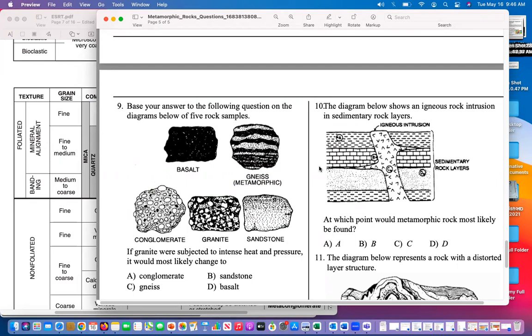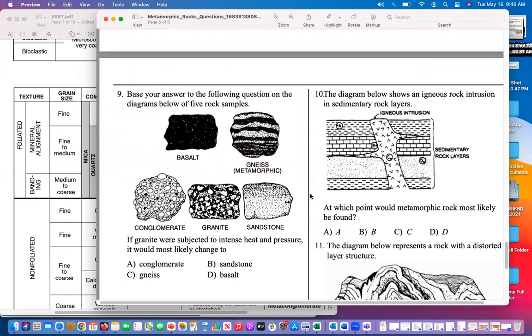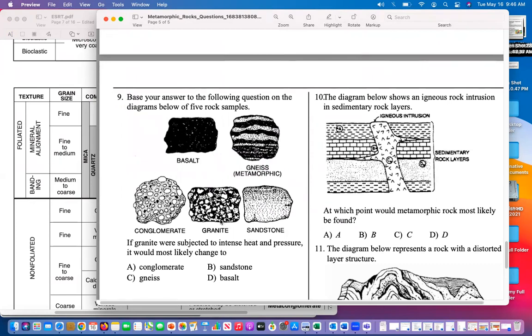Number 9, it says, base the answer to the following questions on the diagram below of 5 rock samples. If granite was subjected to intense heat and pressure, it would most likely change to what?